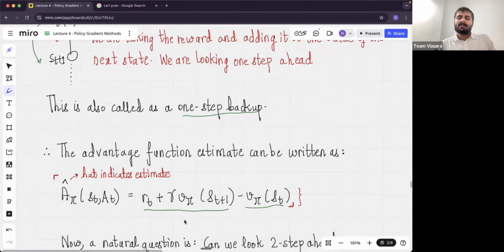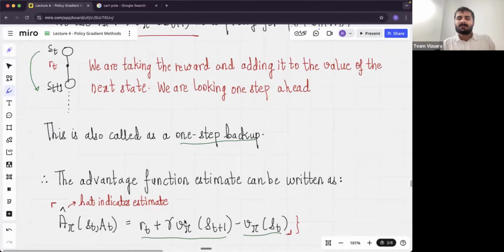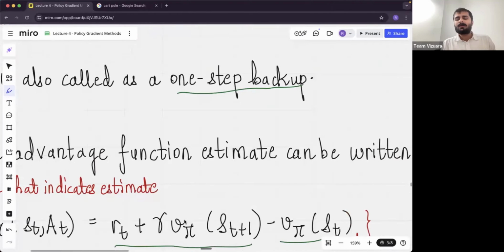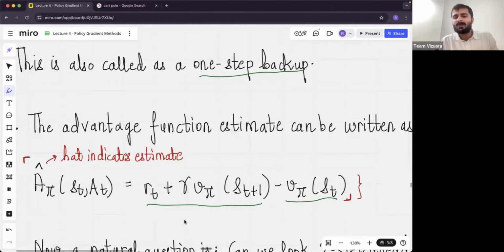Now you can immediately see the benefit of this. One benefit is that you have expressed everything in terms of the value function. So you have removed the Q from the equation completely. And this is fine. You can actually use this as an estimate directly for the advantage.